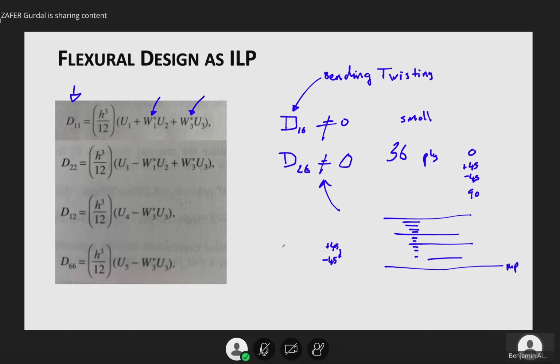What that means is, let's say we take a flat rectangular laminate, completely flat, and put it under compressive loads.